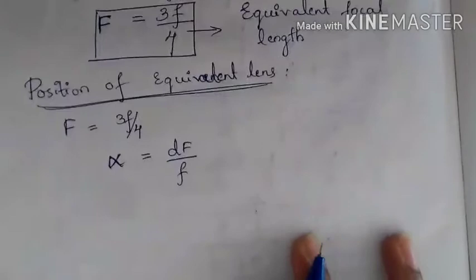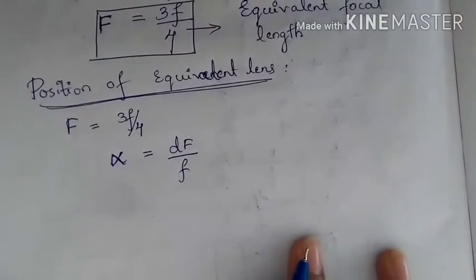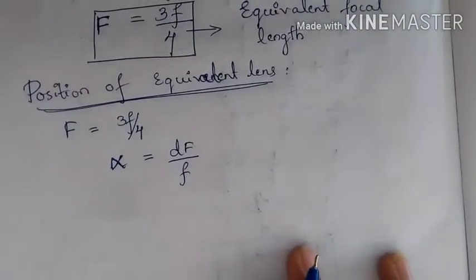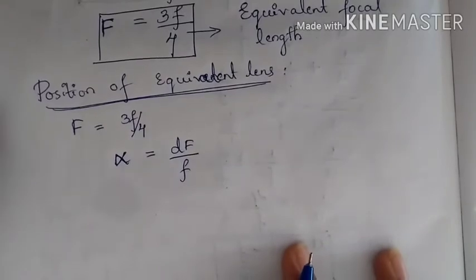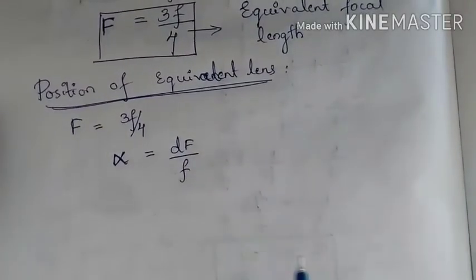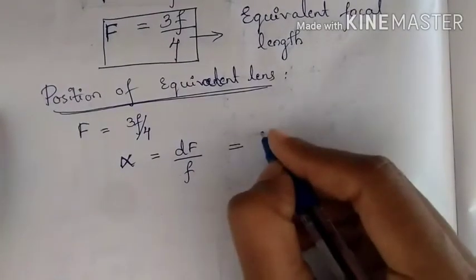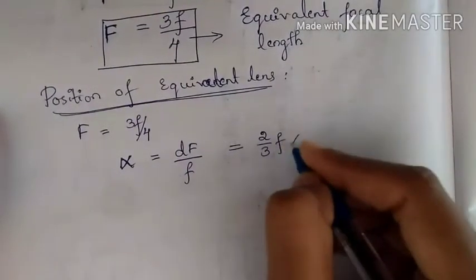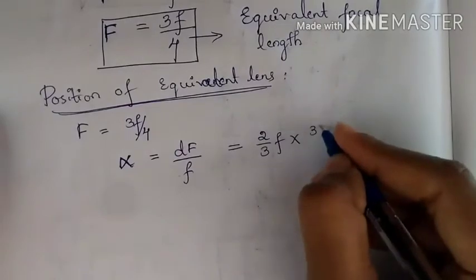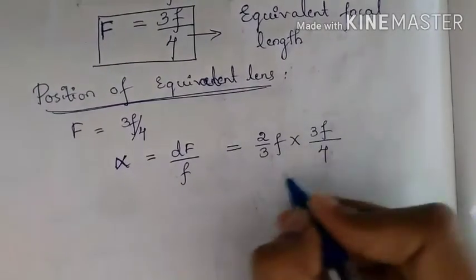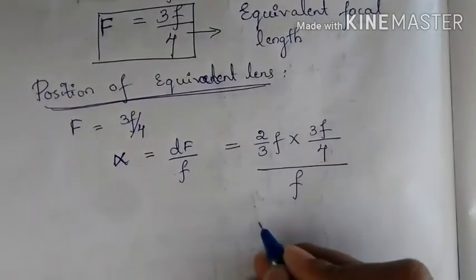From the diagram, D is equal to 2 by 3f, and F we got as 3 by 4f, and f we don't know. So alpha can be written as D, 2 by 3f, multiplied by F, which is 3f by 4, and now this should be divided by f.